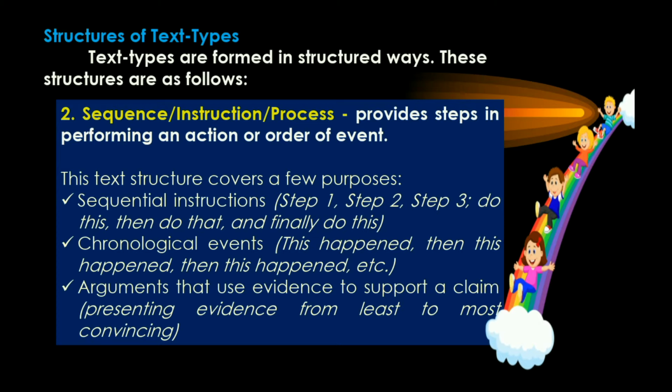So can you give me a list of words or phrases that indicate a text follows the sequence, instruction, or process text structure? Okay, so we have after, before, during, earlier, eventually, finally, and many more.